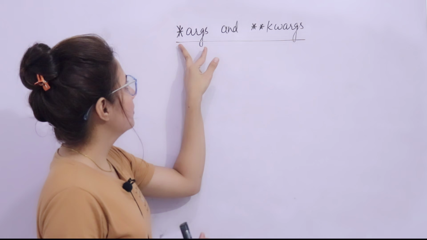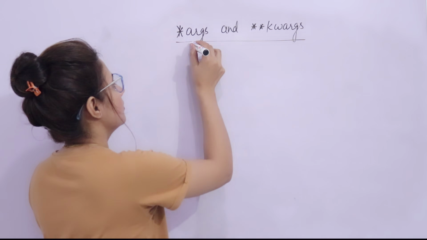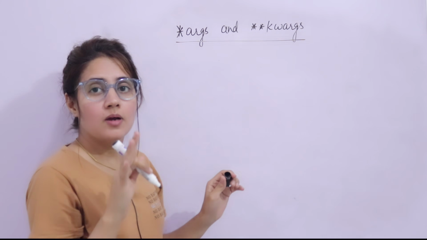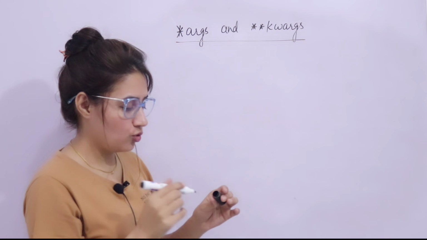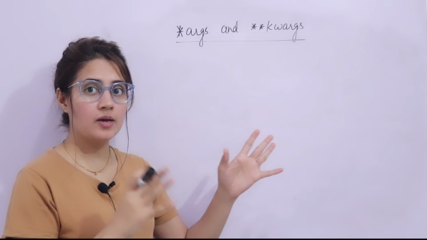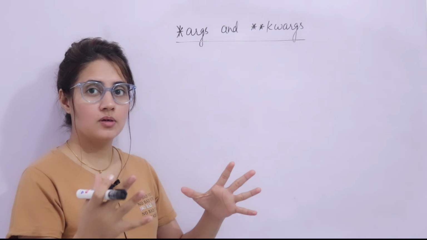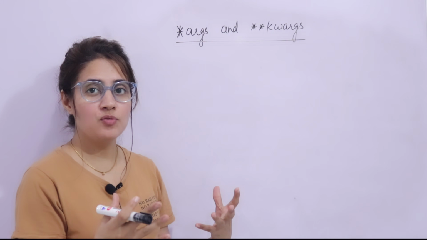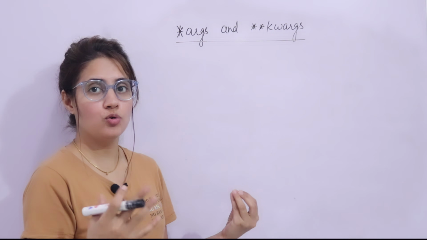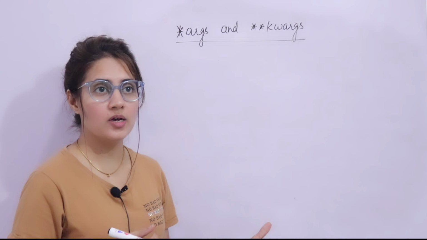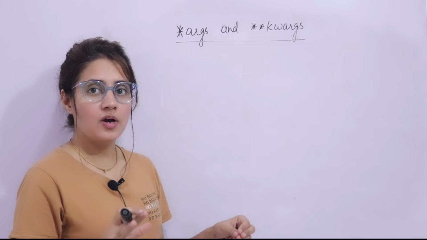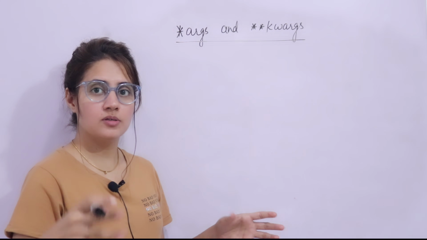Okay, now first is *args. This is short form for arbitrary positional arguments. In the last video, if you have watched it, I told you about arbitrary arguments, and the example we took was the add function. Maybe in advance I don't know how many arguments I want to pass at runtime, or every time I call the function the number of arguments changes.